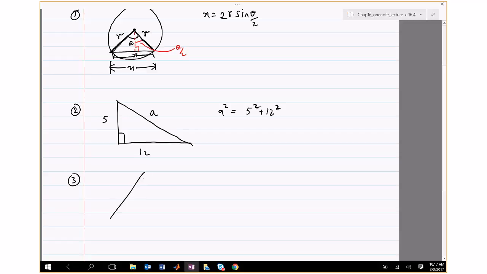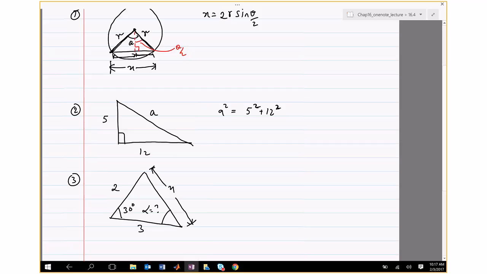Now, if you are given a triangle, and let's say this is 30 degrees, this is given to be 2, this is given to be 3, and you are told to find what this angle is and what this side x is, then you can use these two formulas.